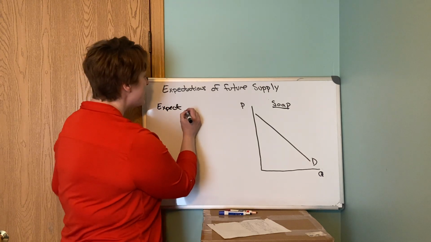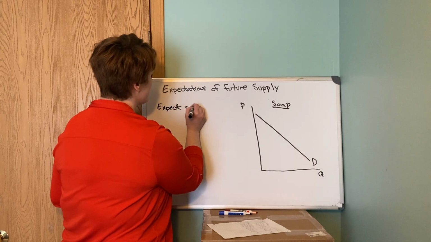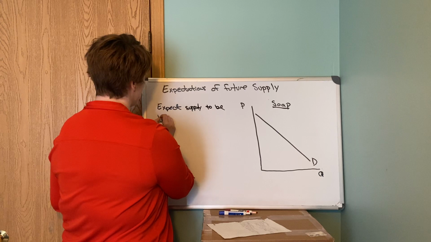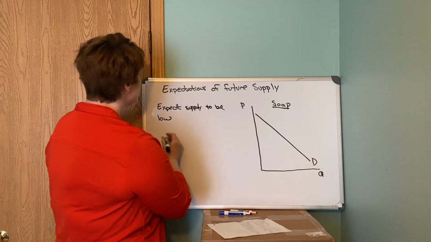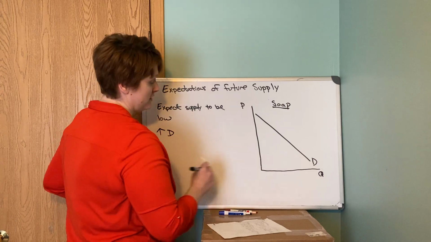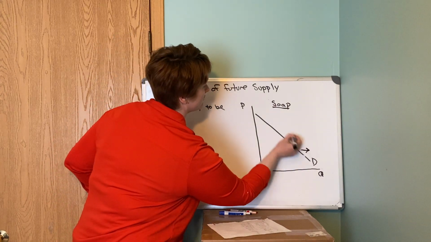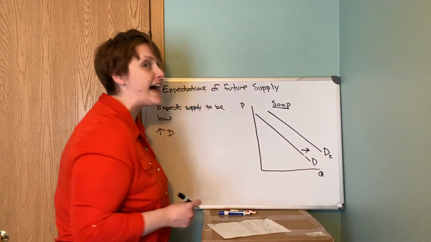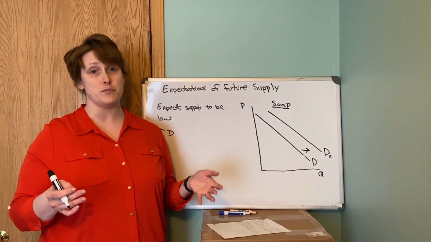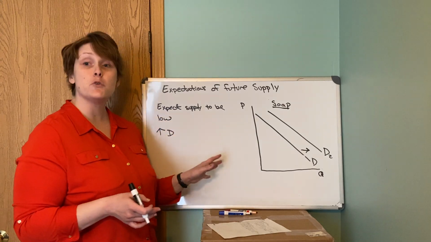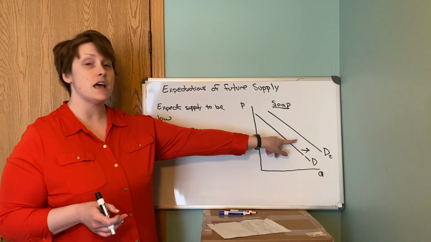So what that's going to mean is if we expect supply to be low, then we're going to increase our demand today. So if our expectation for tomorrow is that there's not going to be any soap available for us, then what I'm going to do today is go and buy soap.